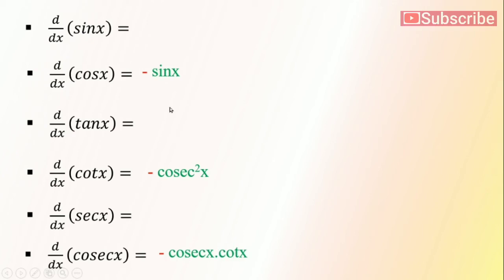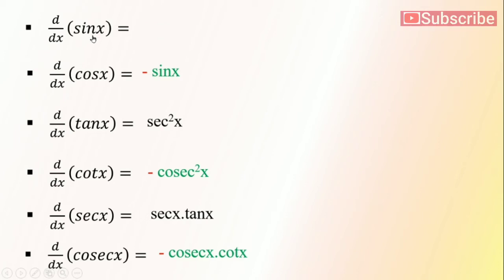Okay. See, these three formulas have negative answers. Output is with a negative sign. Okay. But the rest are positive ones. You can see there, sin x gives positive cos x, tan x gives positive sec square x, sec x gives positive sec x tan x. Fine. Just remember all this.